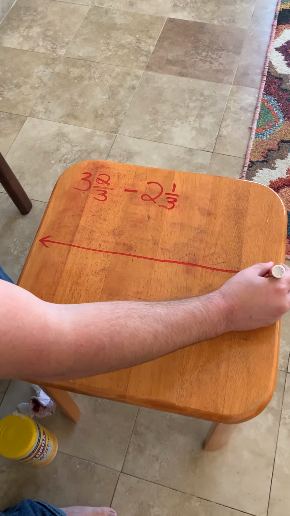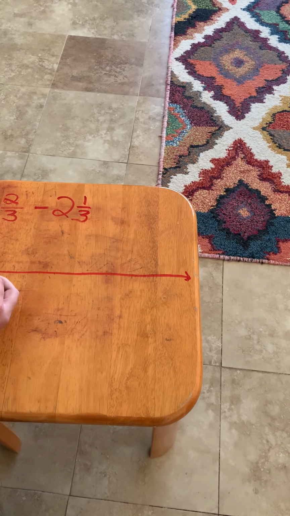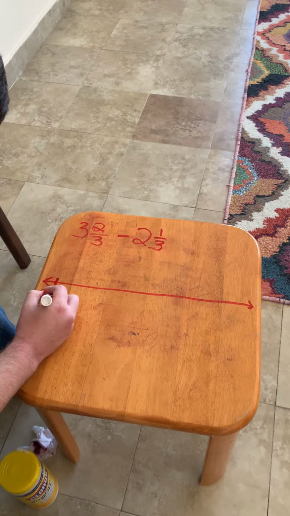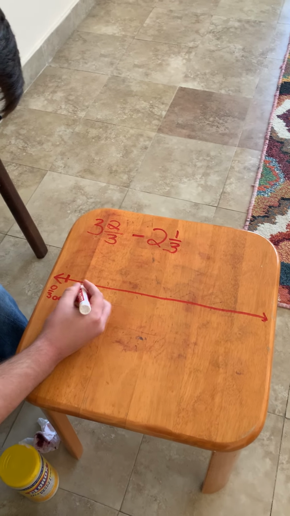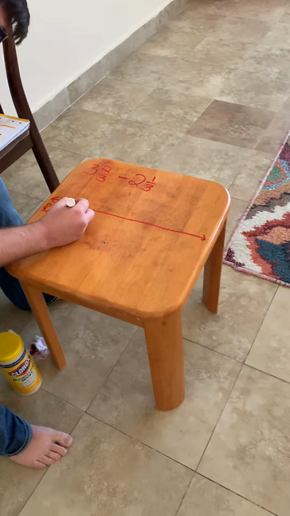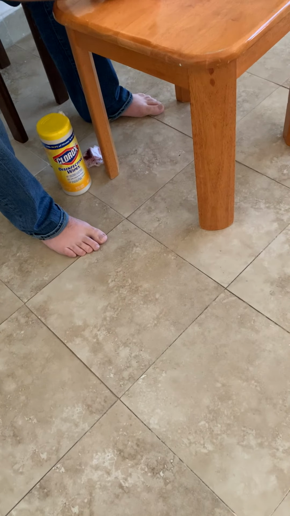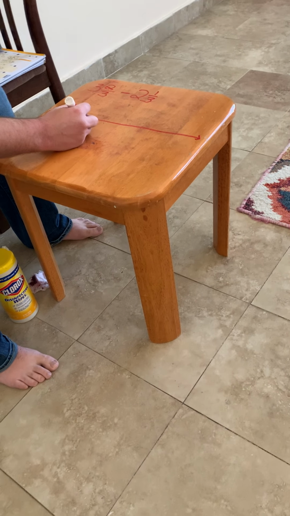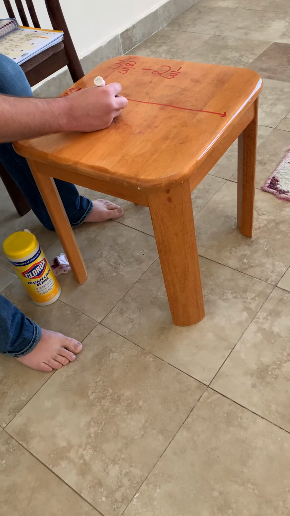So I'm going to make a number line down here. We're going to start with 0 or 0 over 3. We call it either. And then next to it 1/3, 2/3. This one could be 1 or 3/3.